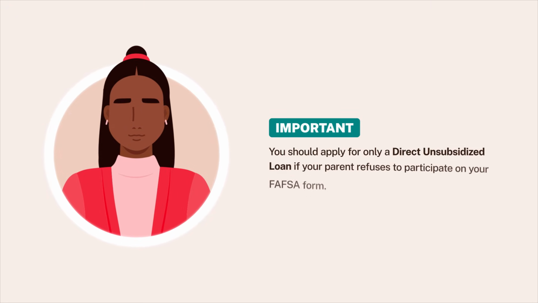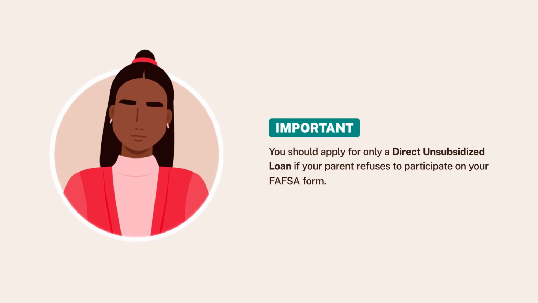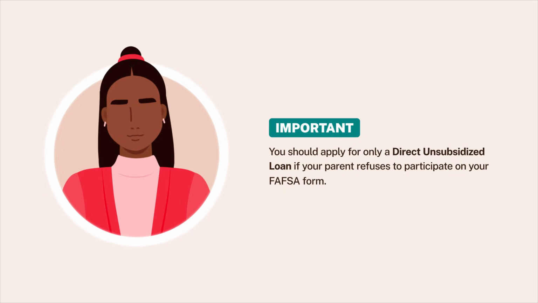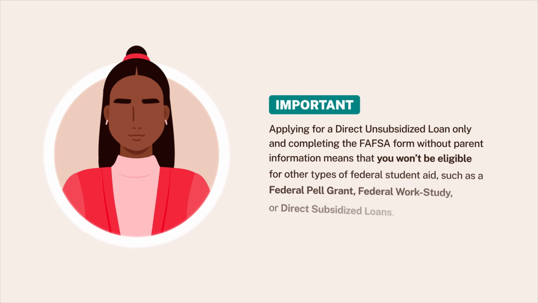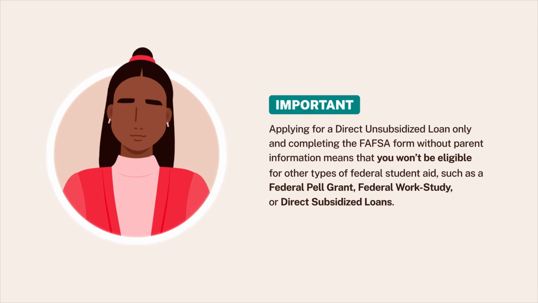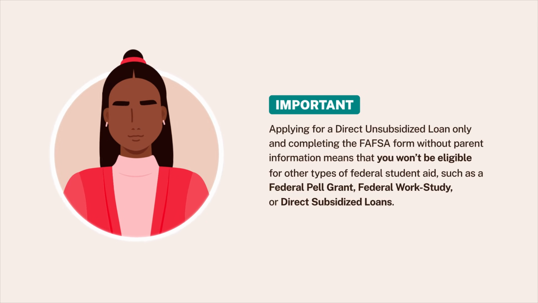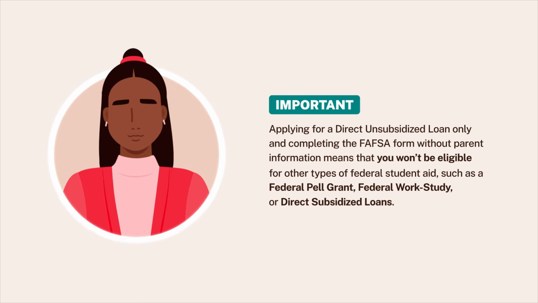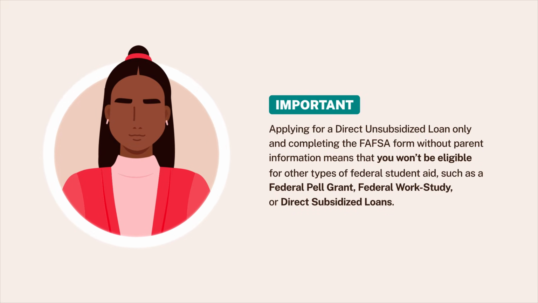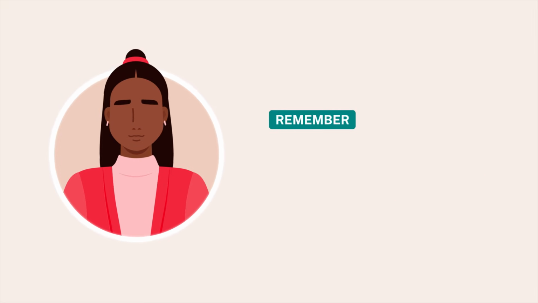It's important that you move forward with this option only if you absolutely cannot get your parent to provide their information, consent and approval, and a signature on your FAFSA form. Applying for a direct unsubsidized loan only and completing the FAFSA form without parent information means that you will not be eligible for any other type of federal student aid, including grants, federal work-study, or direct subsidized loans.